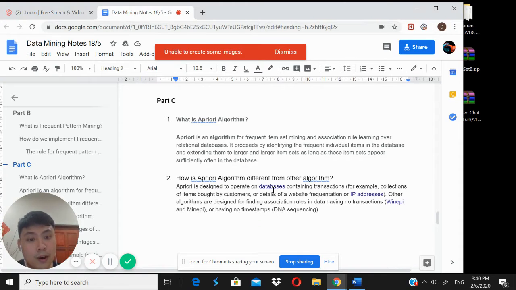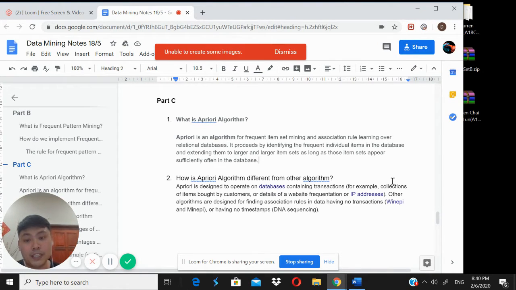The a priori algorithm is actually purposely designed for databases that contain transactions. For example, a collection of items bought by customers, and also detail logs of website frequentation or IP addresses. Whereas the other algorithms are designed for finding association rules in data having no transactions.